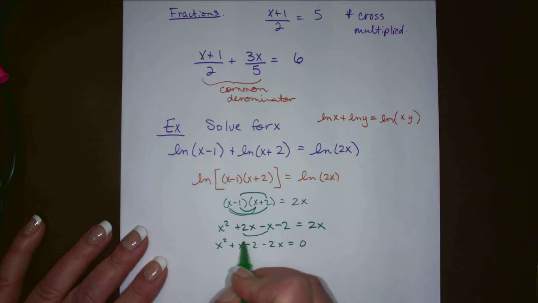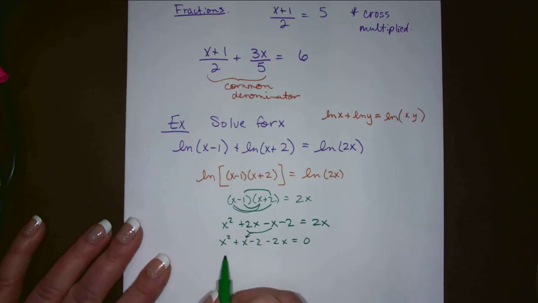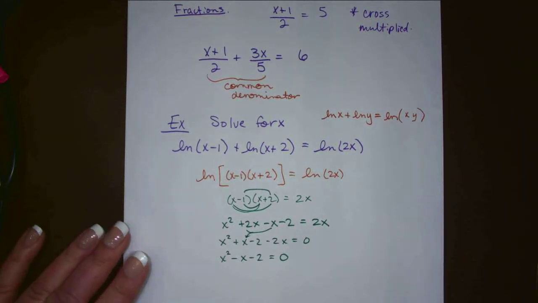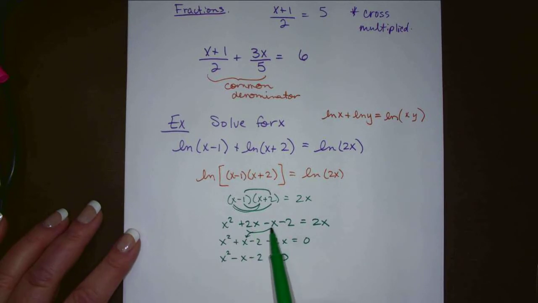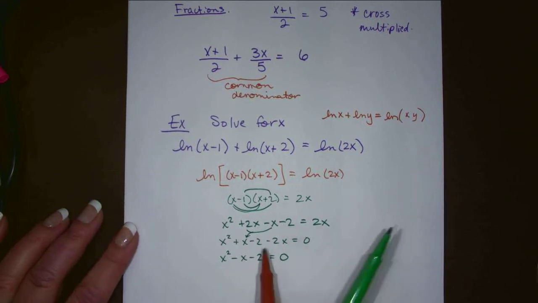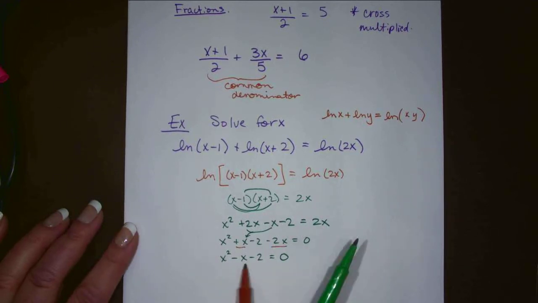So we've got x squared minus x minus 2 equals 0. Just simplifying it. There was a 2x, a minus x, that's 1x. I moved the 2x over, and now we've got 1x minus 2x, which is negative x. There they are. Okay, now what?